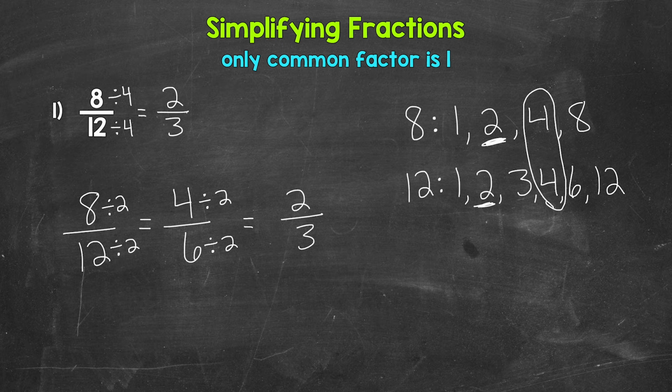If we use the greatest common factor between our numerator and denominator, then we will simplify in one step. If we use a factor less than the greatest common factor, then it will take more than one step. So something to keep in mind. Let's move on to our next examples.